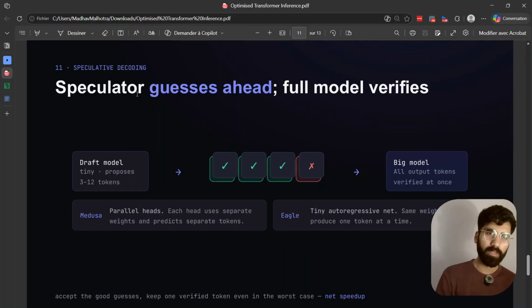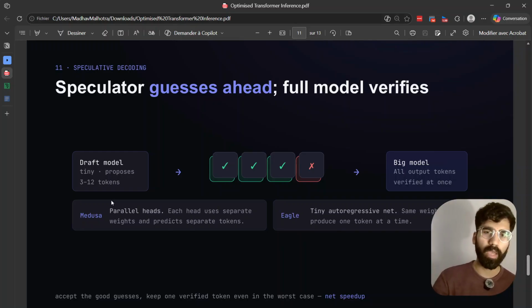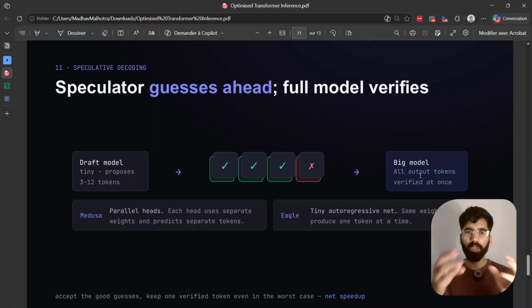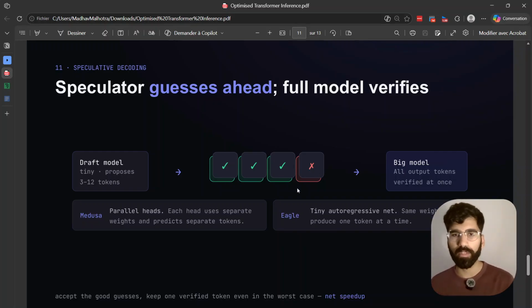The basic premise is that you have some kind of draft model, which is going to be very small, and try and propose a full sequence of output tokens in one go. And then the big model, instead of going through all of the computations to generate one token, will just take the sequence of tokens generated and verify: are they good or are they not? So it can keep the ones that it thinks are good and then discard the one that it thinks isn't good.